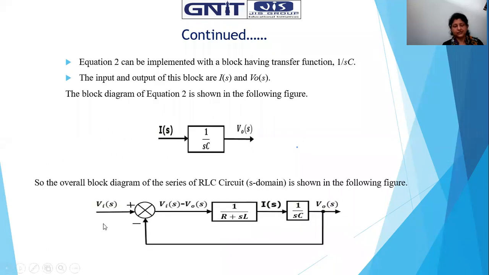So we are getting this one as the final diagram. So what we have here is the block diagram of the simple RLC network. In this manner, if any circuitry is given, then we can easily transform it into the block diagram.